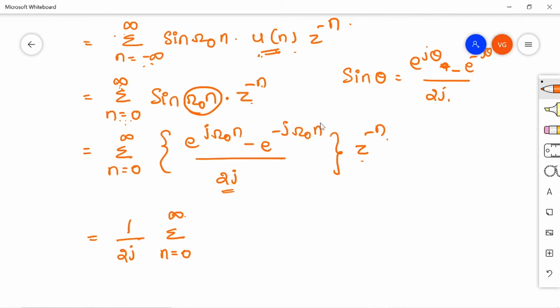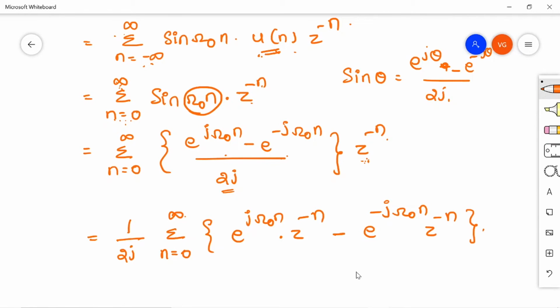Observe the derivation properly. It's a bit lengthy but easy. I am doing it step by step. Here e power j omega naught n multiplied by z power minus n. I am multiplying z power minus n with each term inside the braces, so e power minus j omega naught n z power minus n. This is how it is simplified.